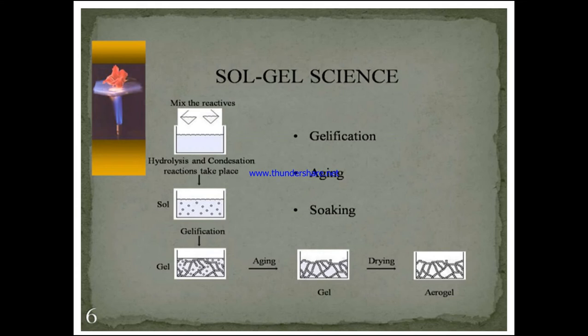If we get this metal oxide by the polymerization technique, nanomaterial formation takes place. But the nanomaterial will be within the gel, that is, in a liquid state.